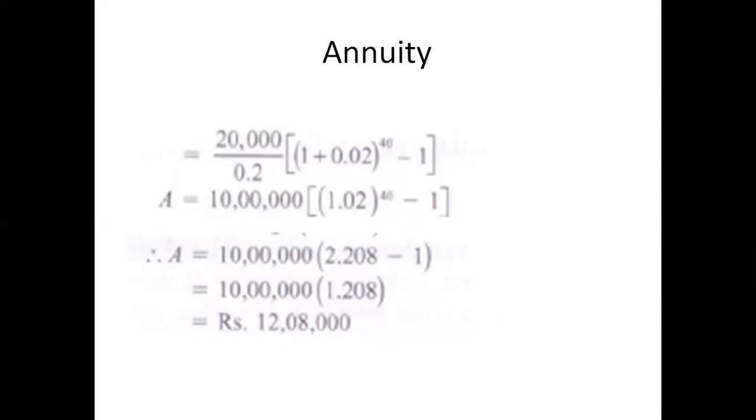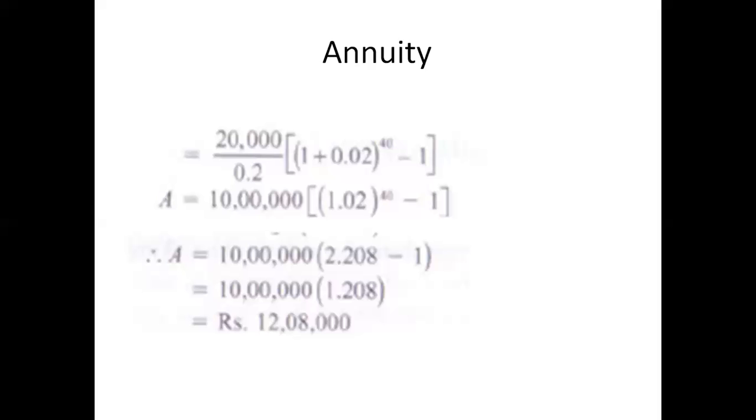So 10 lakhs into 1.02 to the power of 40 minus 1. 1.02 to the power of 40 gives us 2.208, minus 1. So we have 10 lakhs into 1.208, that is 12 lakh 8,000. This is the total value of the annuity.